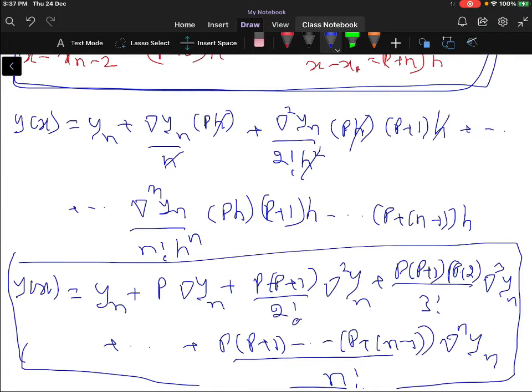So this formula is known as Newton's backward interpolation formula to estimate the unknown values of y for given values of x.